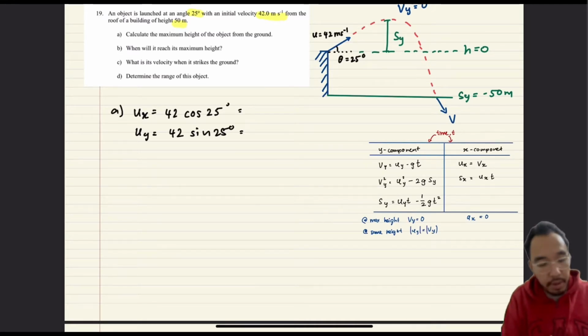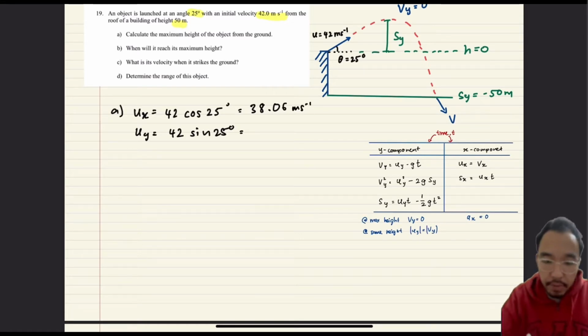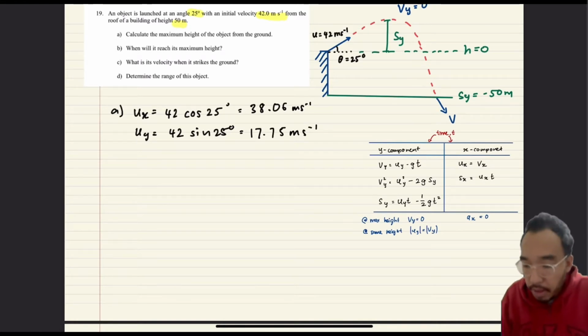So both of these are positive. Cos 25 is below. If it's below here, you have to put the negative manually. I got here 38.06. This one is for the x component. For the y component I got here 42 sine 25, which is equal to 17.75. You can take 3 decimal points, it's up to you, but here I choose 2 decimal places.